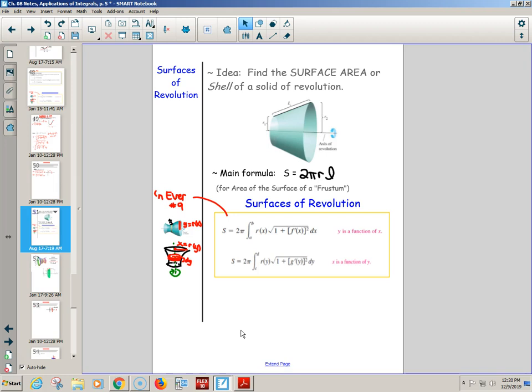But on an AP, are we ever one to say we'll just miss all those problems? No. I want you guys to be prepared, and I want you to see the content, not only on the AP, but also what a college professor would expect you to use. So discs, washers, shells, cross-sections are the foundation to all of that.